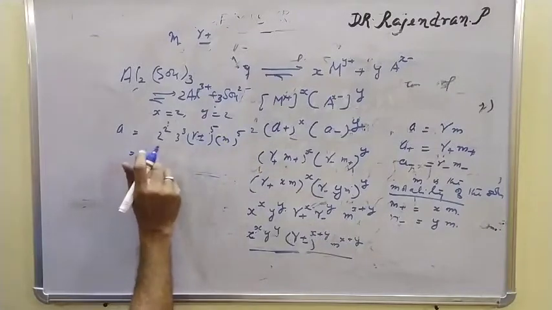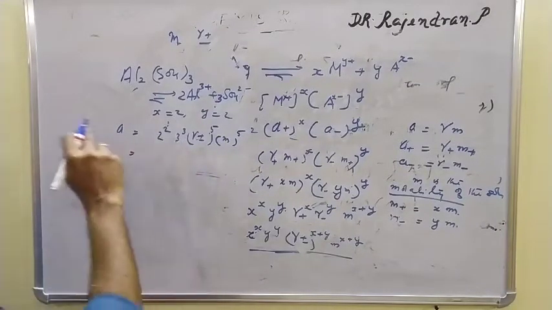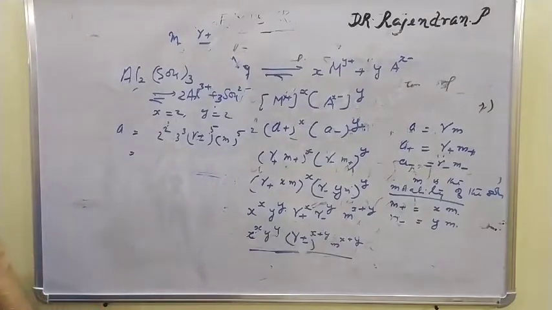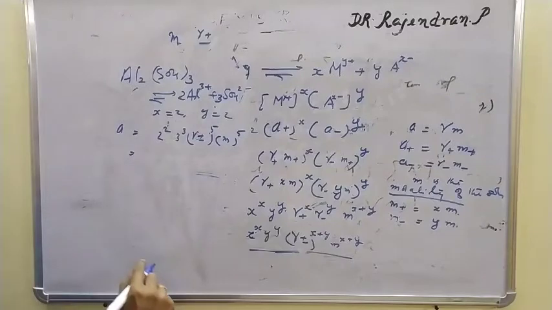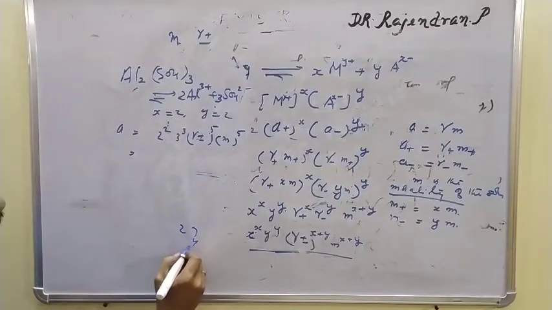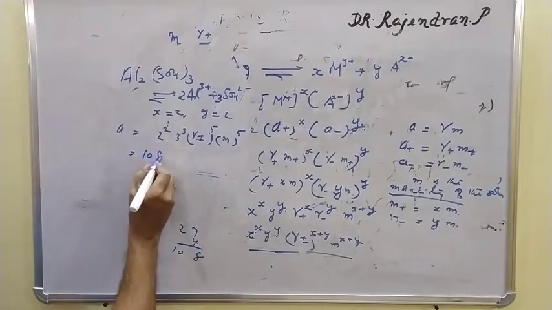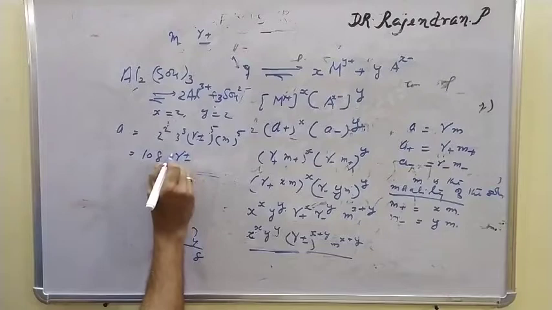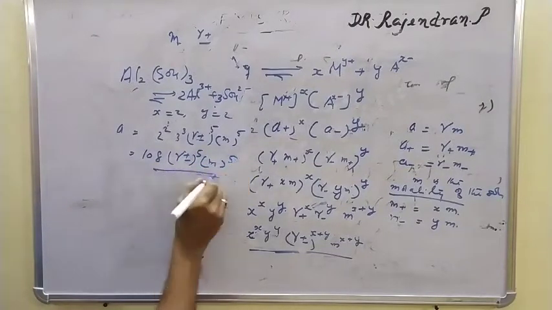That is 4 into 27, which is 108, into gamma plus or minus raised to 5 into m raised to 5.